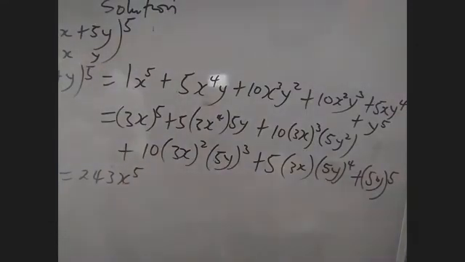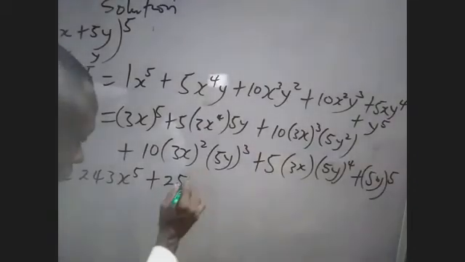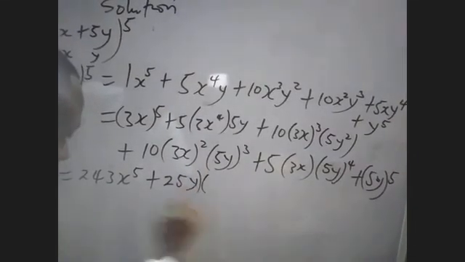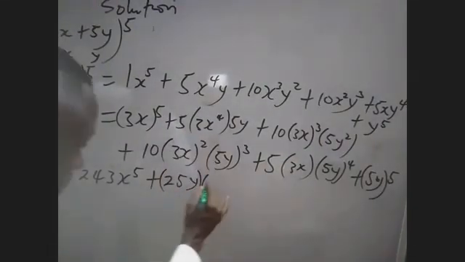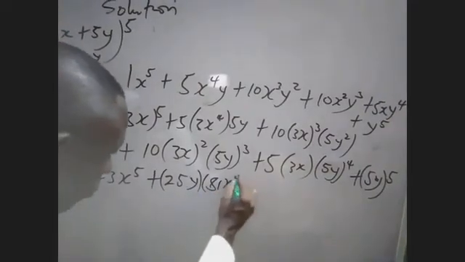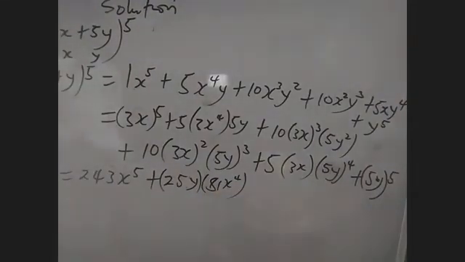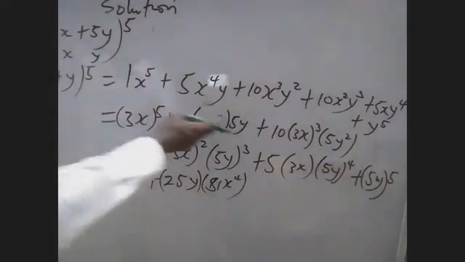So you have this will be equals to plus 25s, 25y, bracket 81s raised to the power of 4. That's for this.